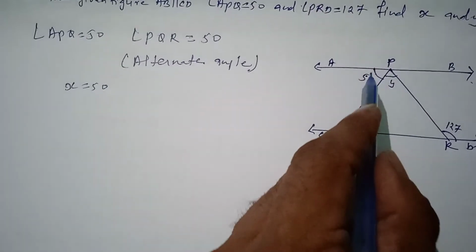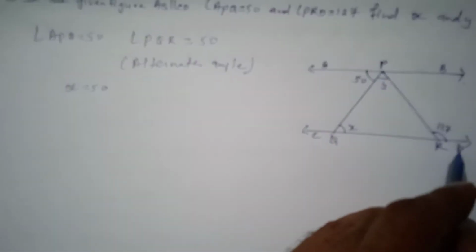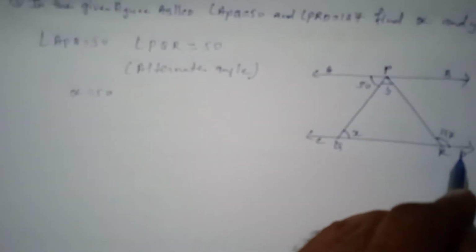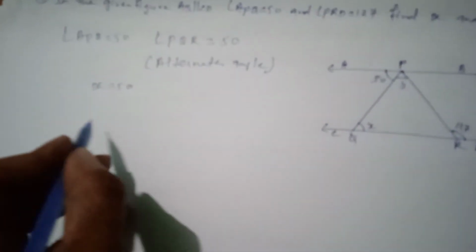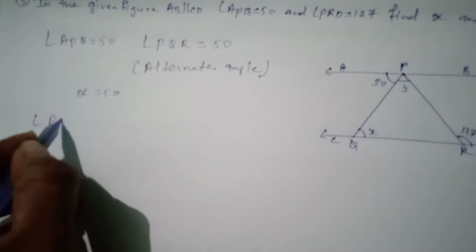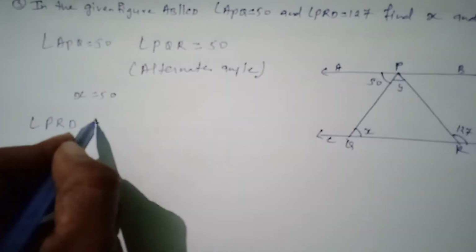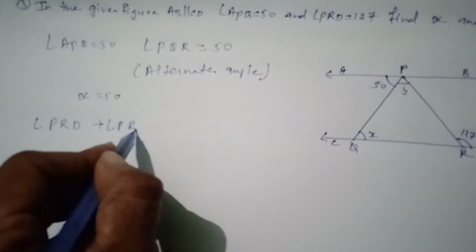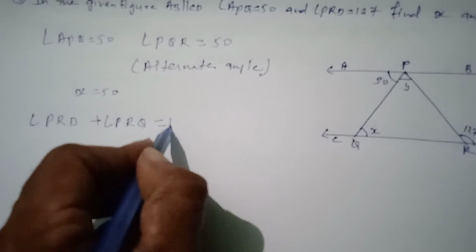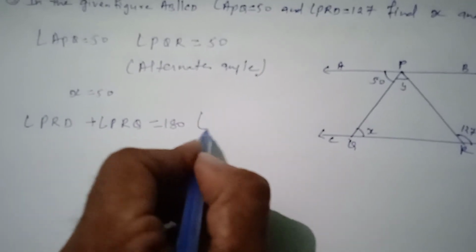Now here we can see angle PRD plus angle PRQ is equal to 180, linear pair.